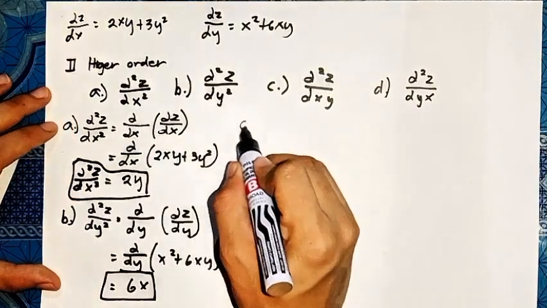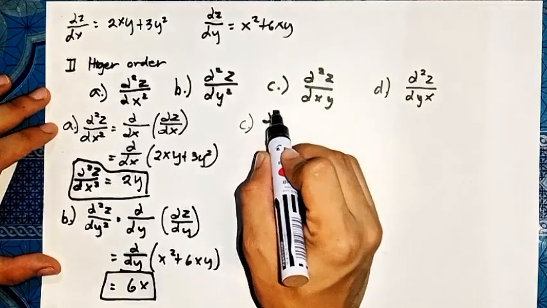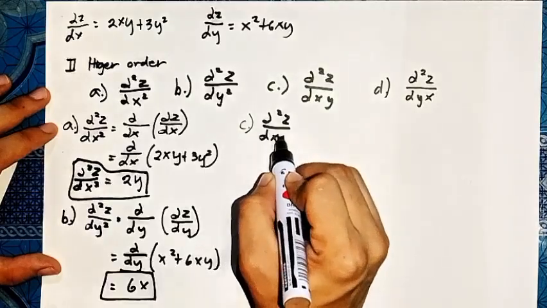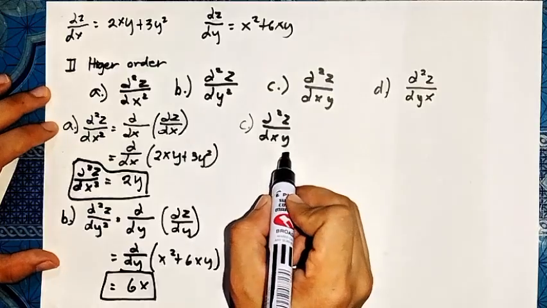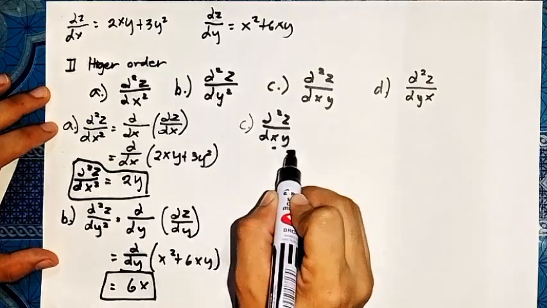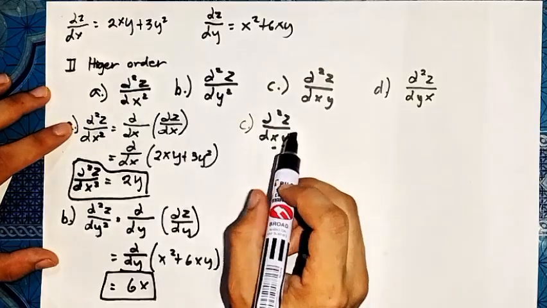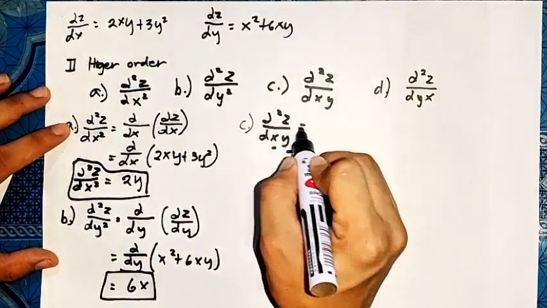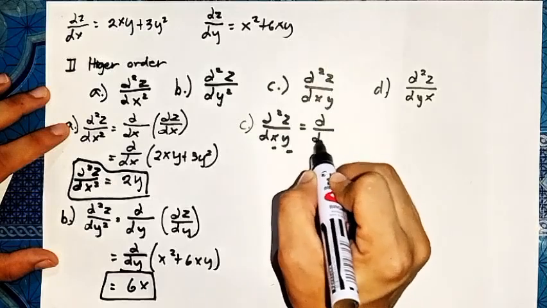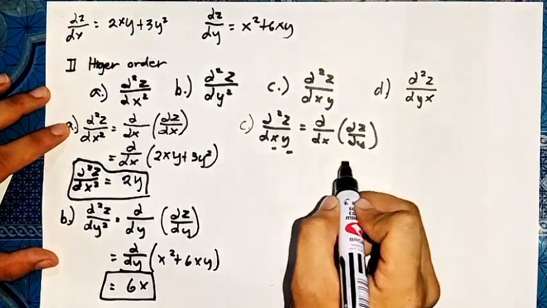Now let's proceed to c. We have partial squared z over partial xy. As you can observe, we have xy, right? So we will derive from right to left, meaning from y to x. So we will derive the function first by y and again by x. So this becomes partial x of partial z partial y.